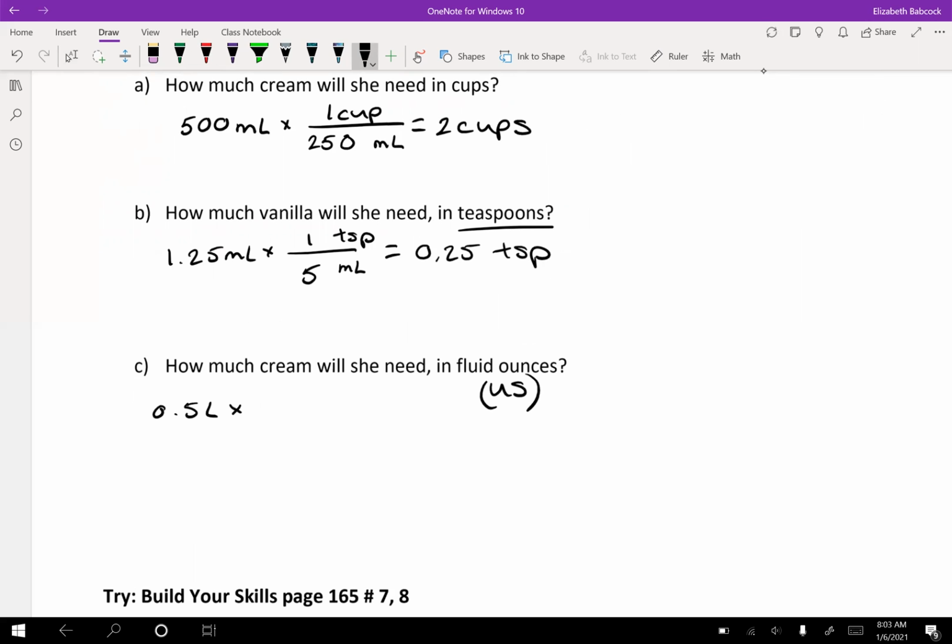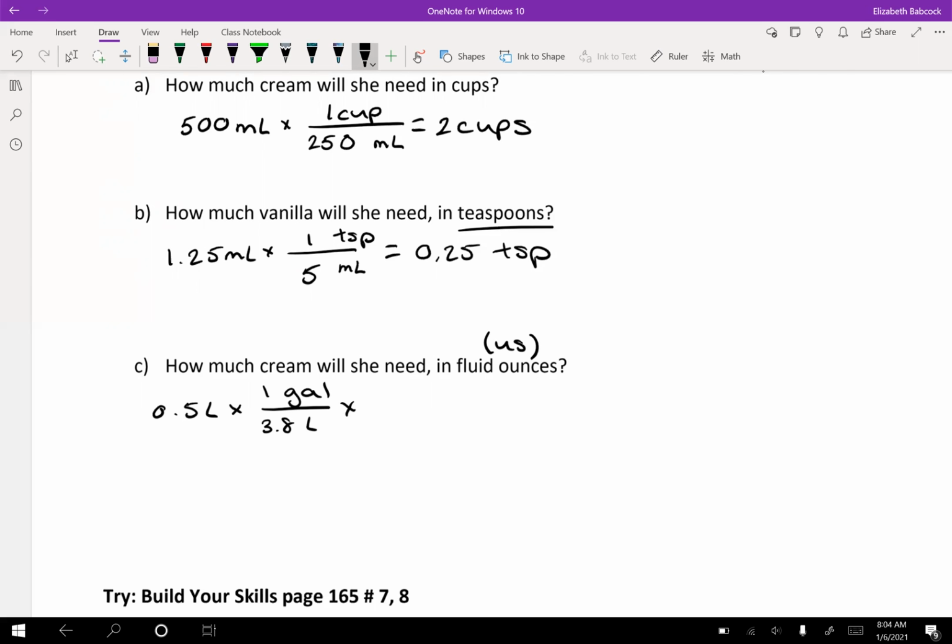but we want to get all the way down to fluid ounces. So we have 1 gallon is equal to 3.8 liters. Now I'm going to do this all as one. You can do it separately. I don't want gallons, I want fluid ounces.